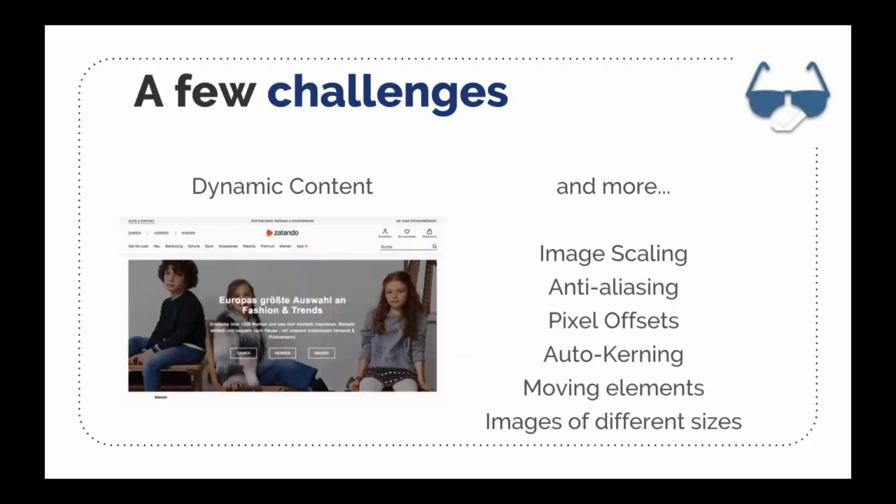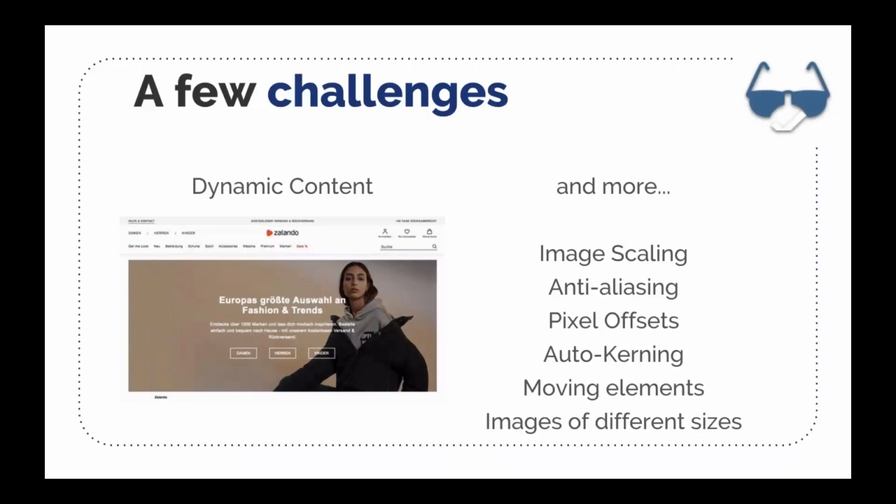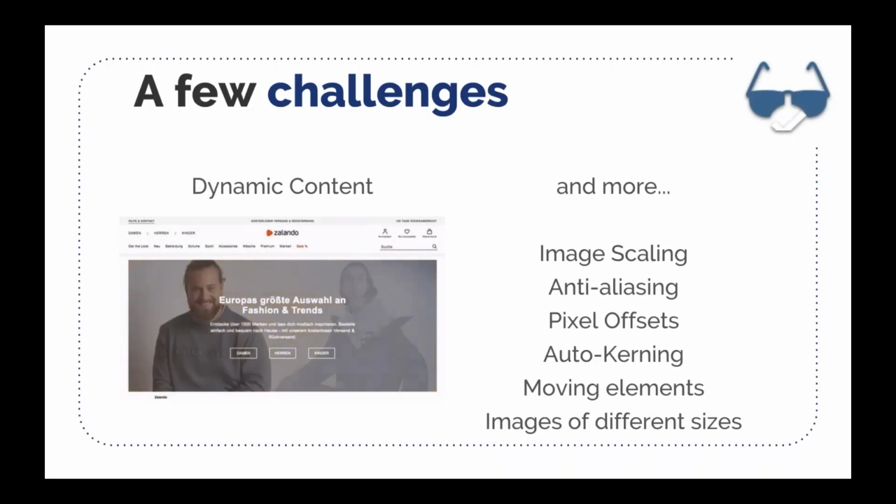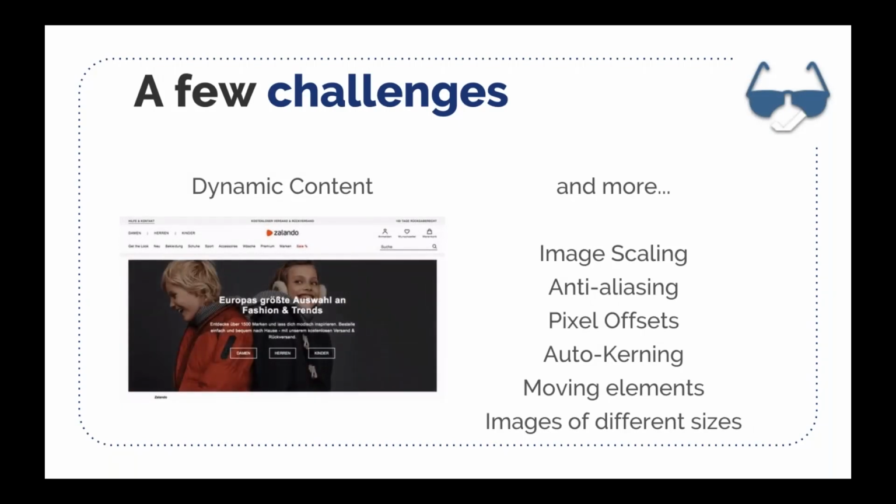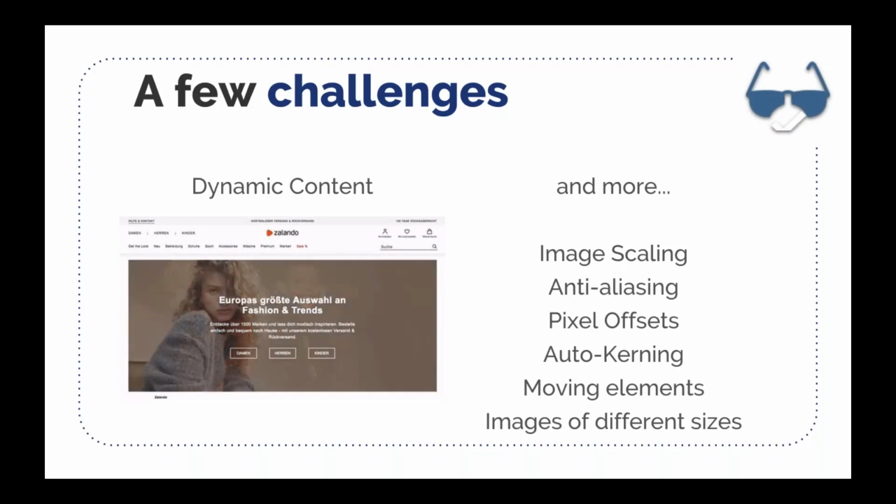In addition to that, you have image scaling, anti-aliasing patterns that soften the borders of different images and shapes, pixel offsets, and so on. So there are many things. When a page is not static, it's very complicated to do a visual test, but there are different tools and approaches that can help us.